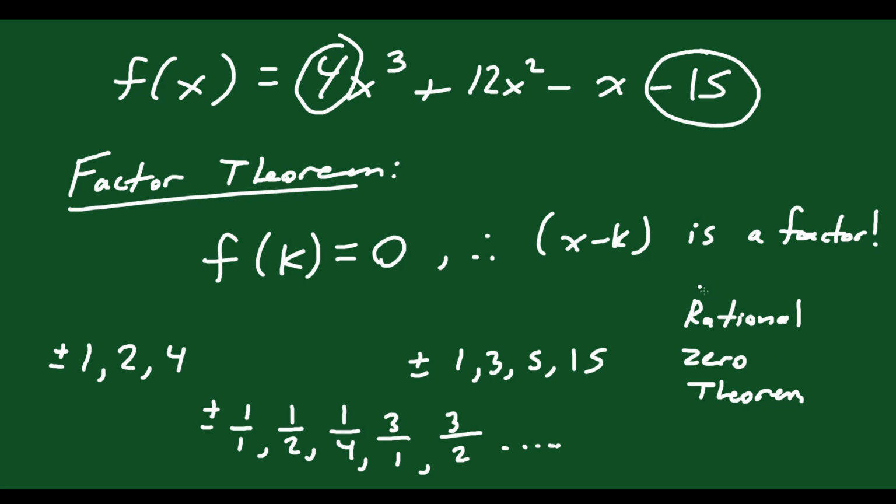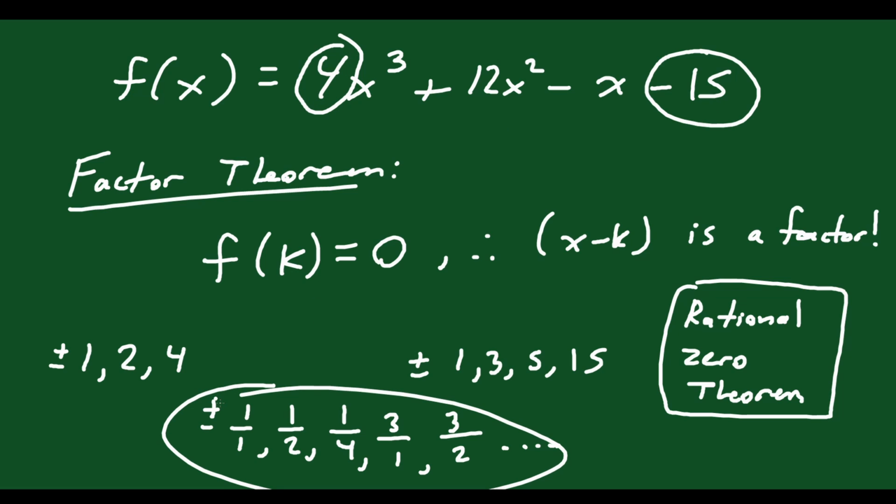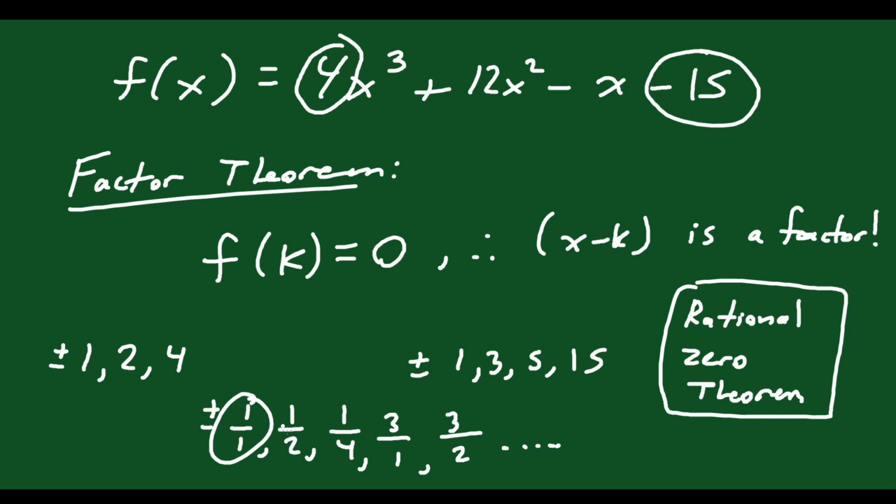So you take the factors of the last number, divide them by the factors of the first number, and those are your candidates for potential roots. So what we always do is start with the easiest one to plug in. Like 1 over 1 is just 1. So I'm going to start with 1, plug it in, and see if it equals 0. That's the idea. So let's actually do that.